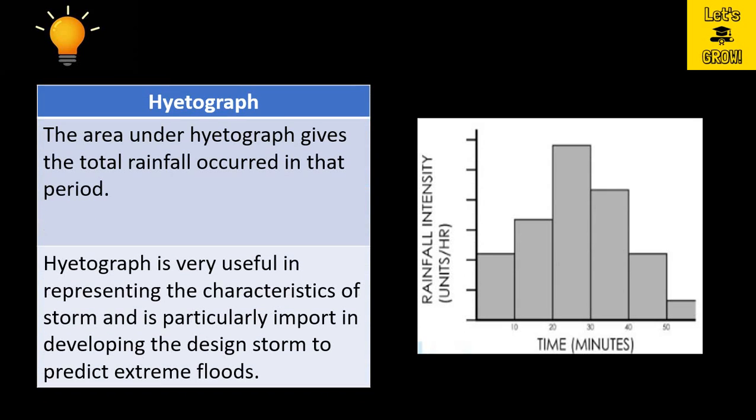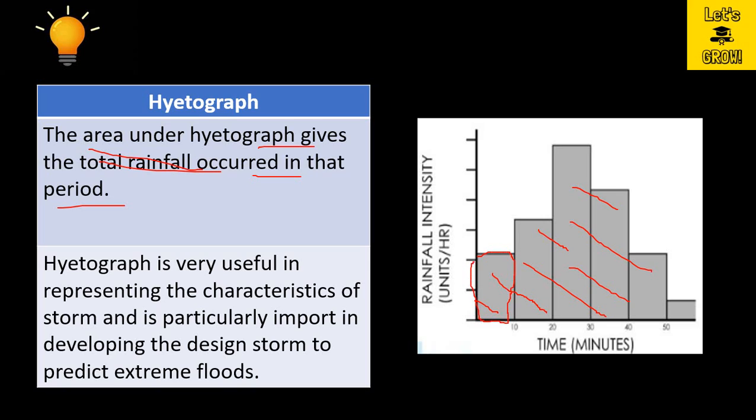Now, the area under the hyetograph gives the total rainfall occurred in that period. What does it mean? If I compute the total area of the hyetograph, it will give us the total depth of rainfall occurring over the catchment. How? Initially we compute the area of the first bar.